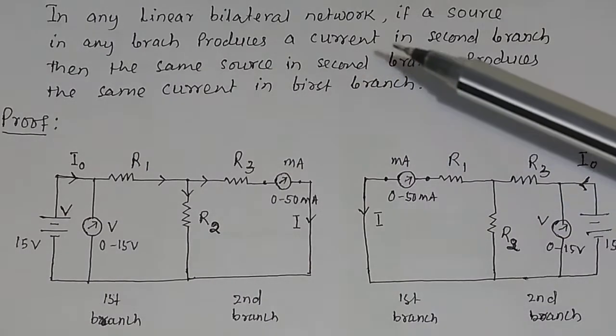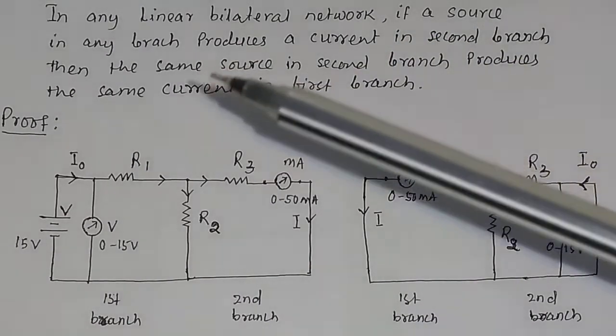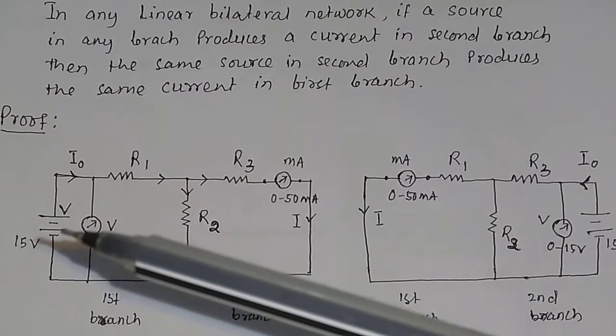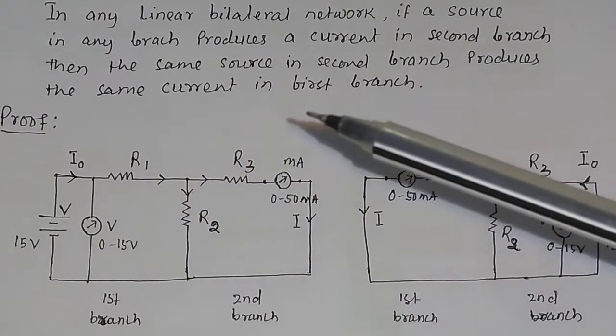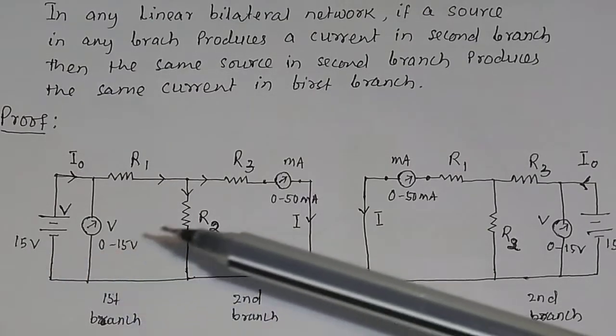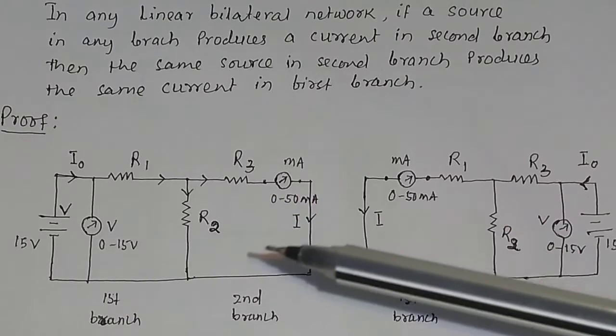So according to this theorem, suppose the 15-volt source in the first branch produces a current in the second branch. This 15-volt source suppose produces a current I in this second branch.